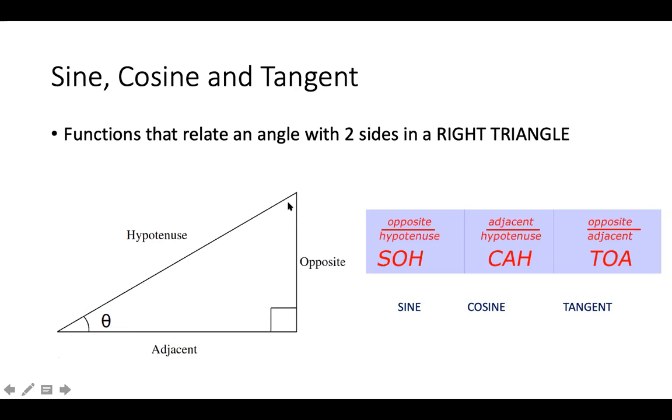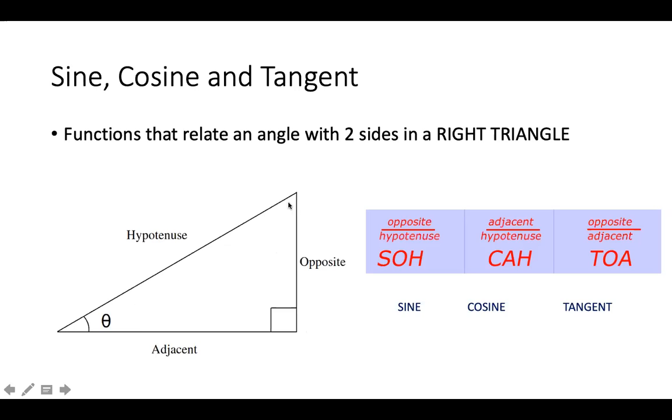If this angle was theta, if we had this symbol moved over here saying that this is theta, this side would be the opposite side in relation to theta, and this side would be the adjacent side in relation to theta. So it's different. The opposites and adjacents are always different in relation to where theta is.